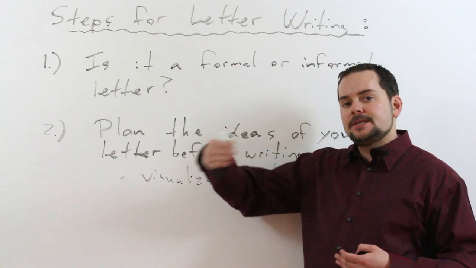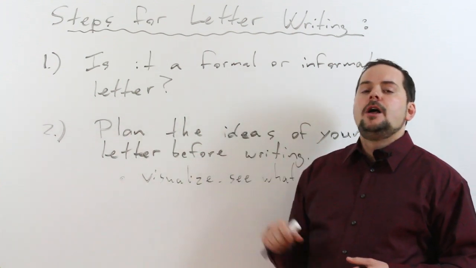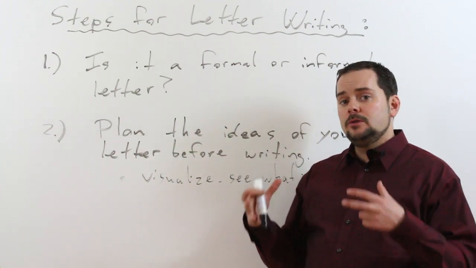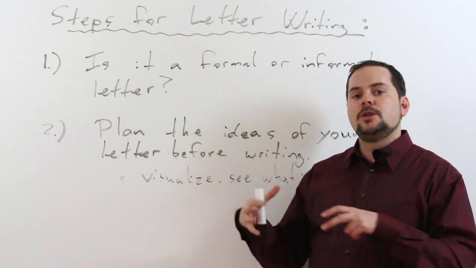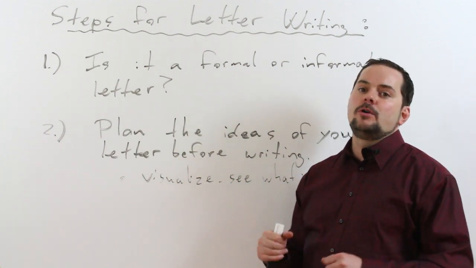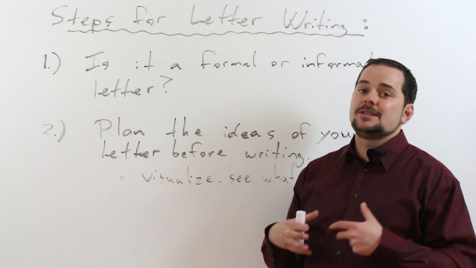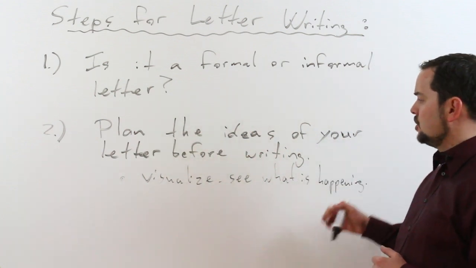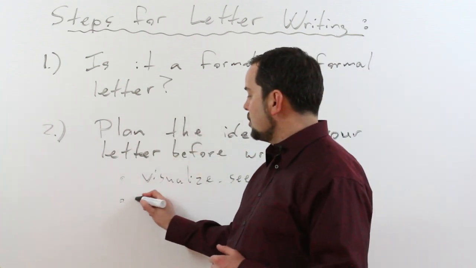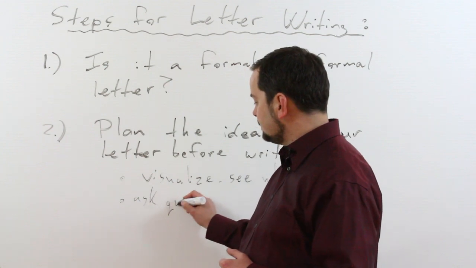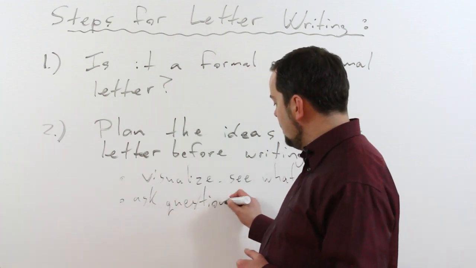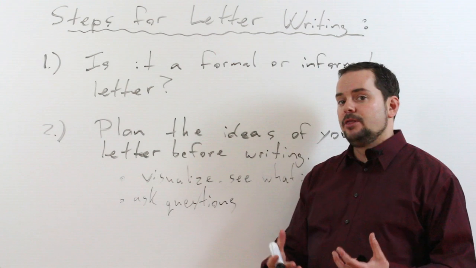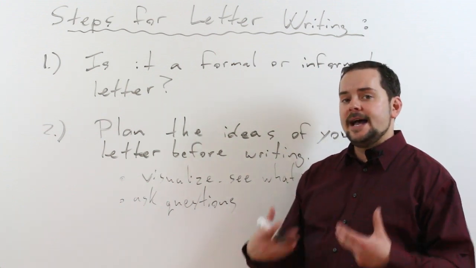So step by step, you can quickly figure out what's going on, and when you do this, you can organize your thoughts, and when you put it on paper, it's going to be much better organized than if you try to do this step by step. So visualize, see what's happening, ask questions. So again, that's part of that critical thinking. What, why, how.